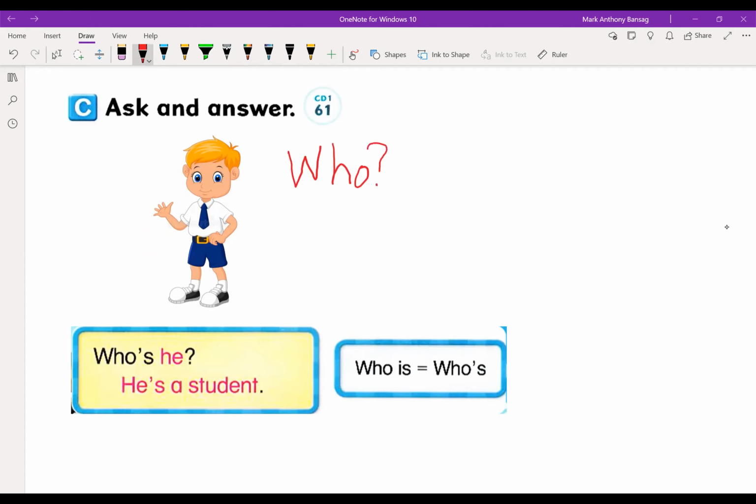And who is followed by is, and use the pronoun he or she, and your question mark. So our question will be who is he or who is she?